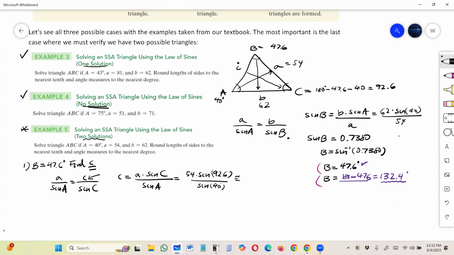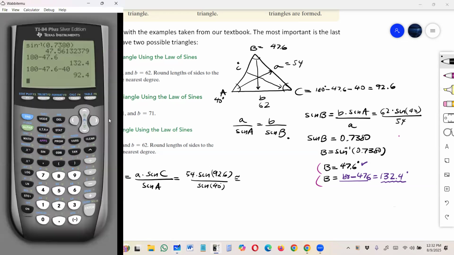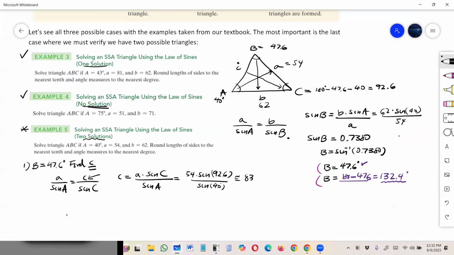All right, so let's go to the calculator and find that answer. 54 times sine 92.4 divided by sine 40, and we get, let's say, 83.9. 83.9, whatever units. So I found all of the angles.